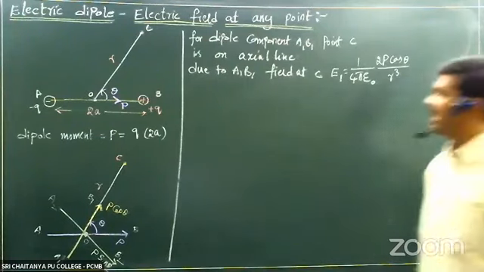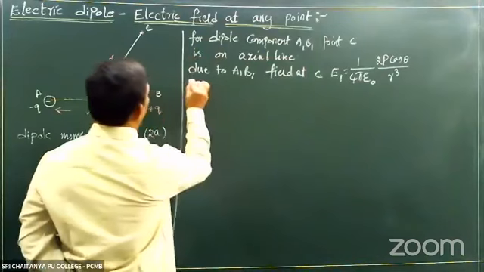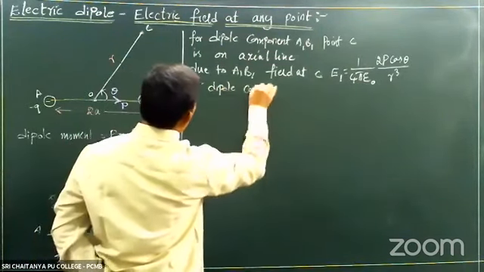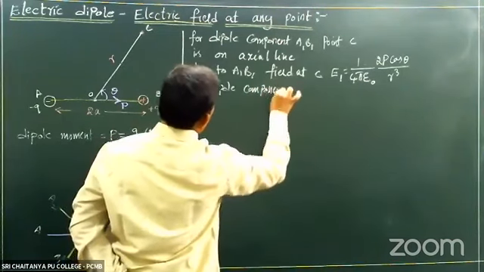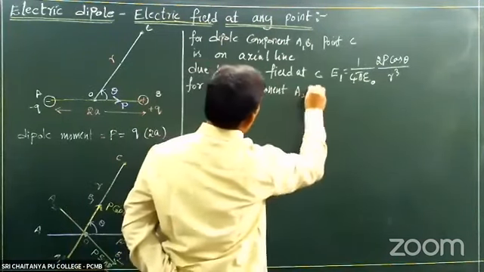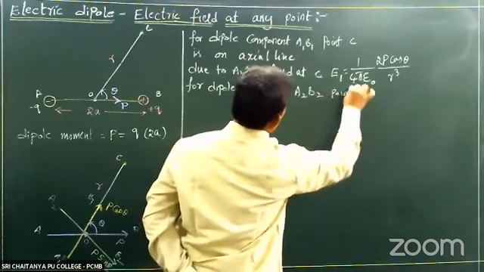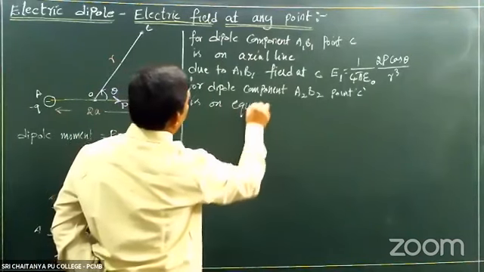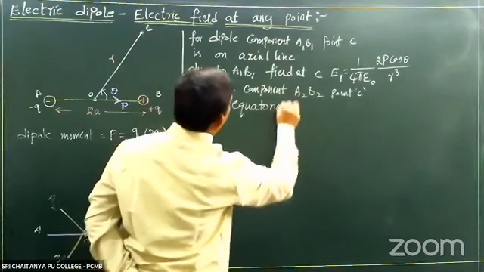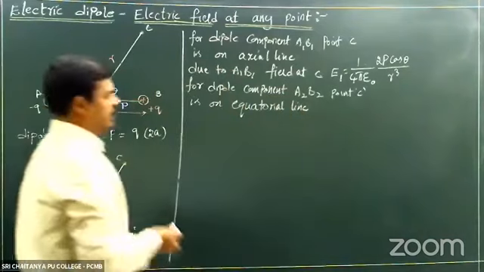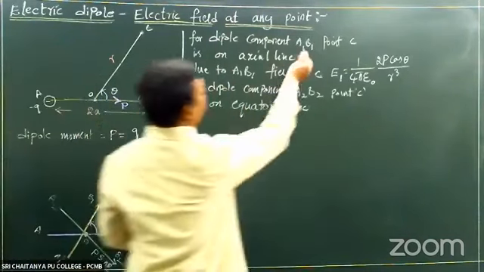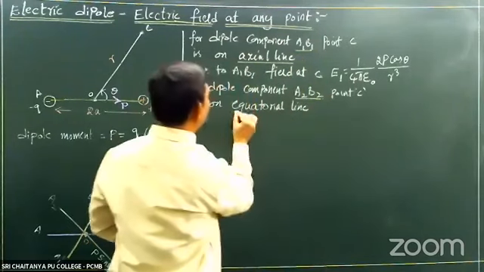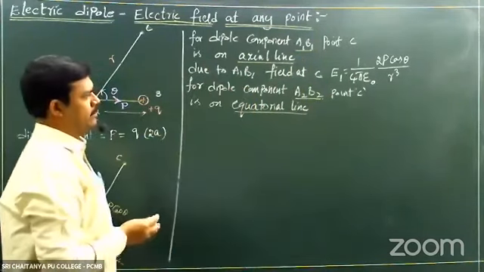Well, in the same way, for dipole component A2, B2, point C is on equatorial line. For A1, B1, it is on axial line. For component A2, B2, it is on equatorial line, right?